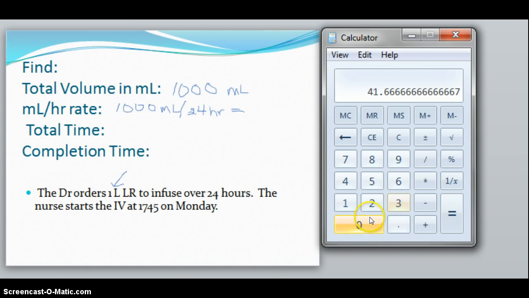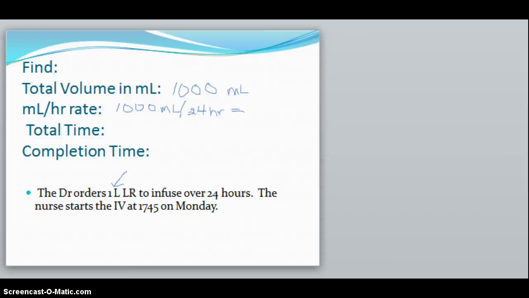So we have our answer here, and we want to round this to tenths because that's how most common day pumps work. So 41.7 milliliters per hour.